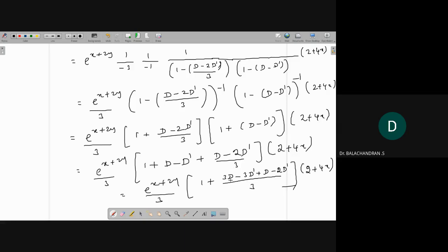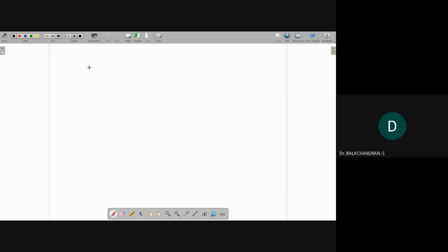Okay, now if you simplify, you'll get 1 plus 4D minus 5D dash by 3. So that is the next step. So this is equal to e power x plus 2y by 3, 1 plus 4D minus 5D dash by 3 of 2 plus 4x.